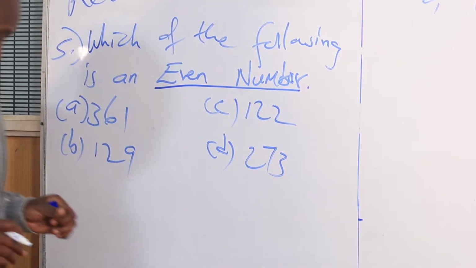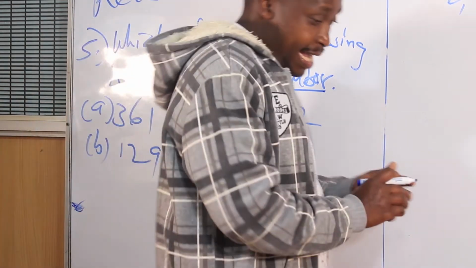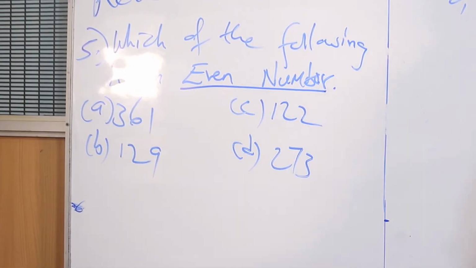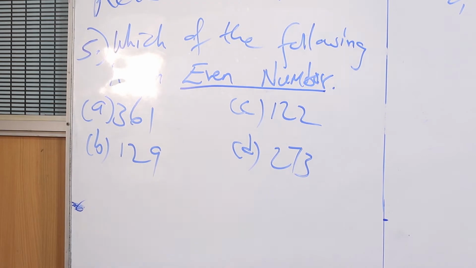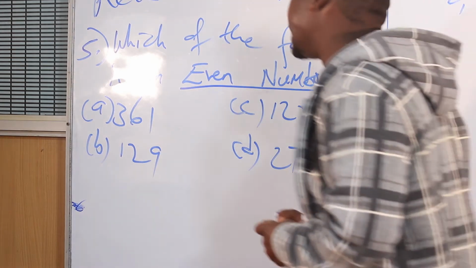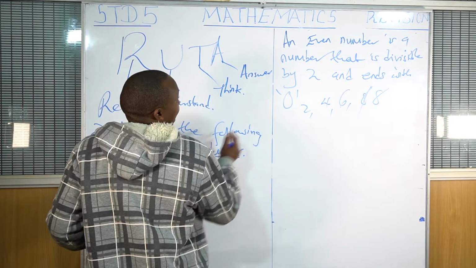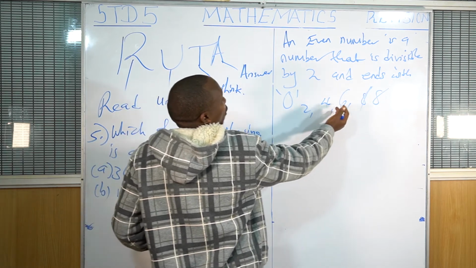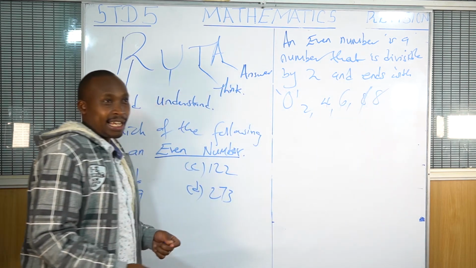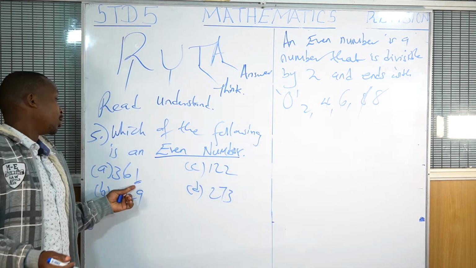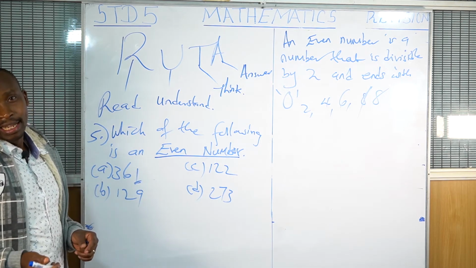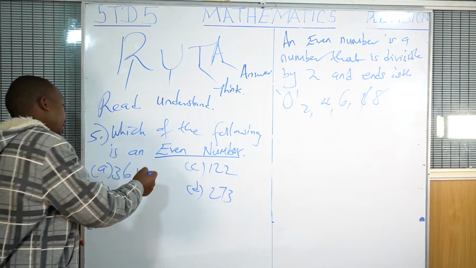The first, for our first case in A, who can tell me the last digit? Very good, it is 1. Is it ending with 0, 2, 4, 6, and 8? No. So it is not a what?